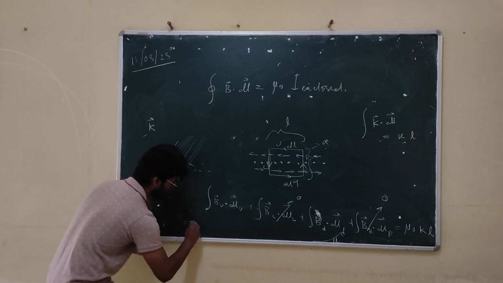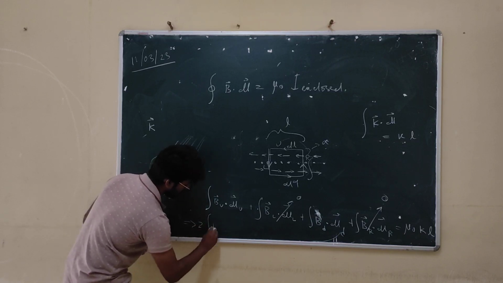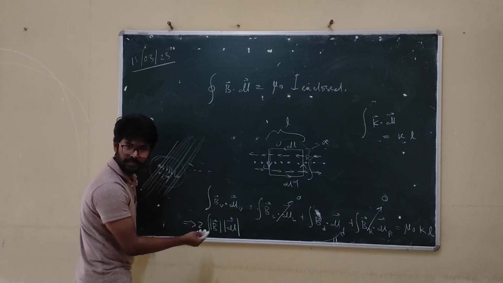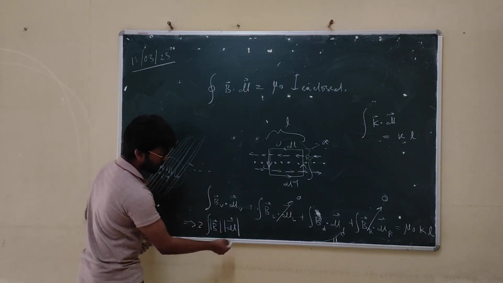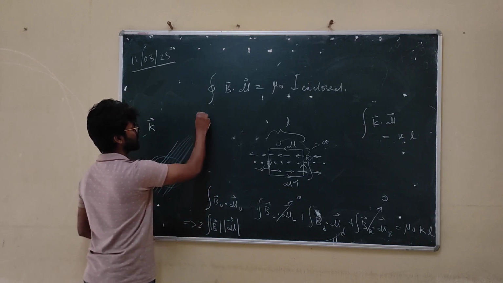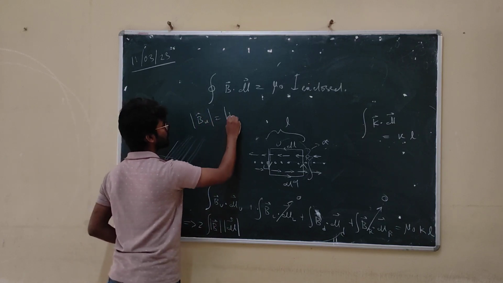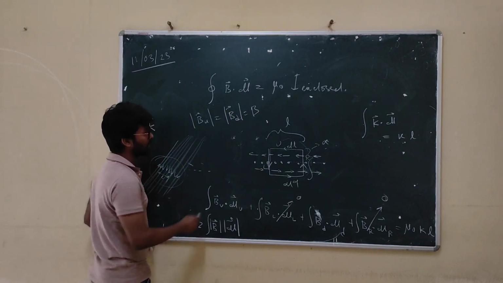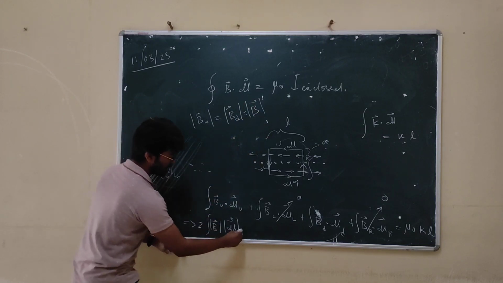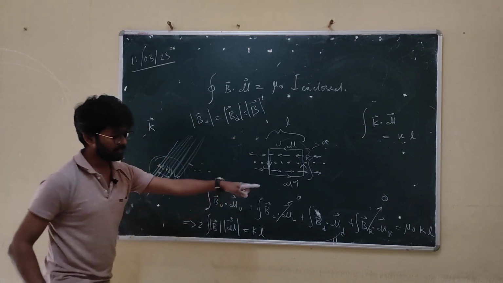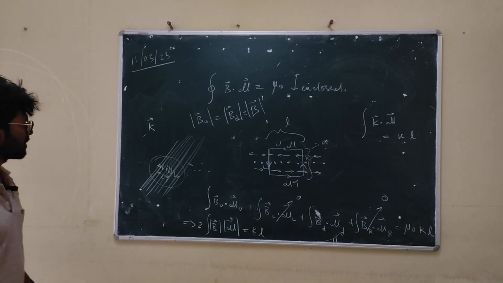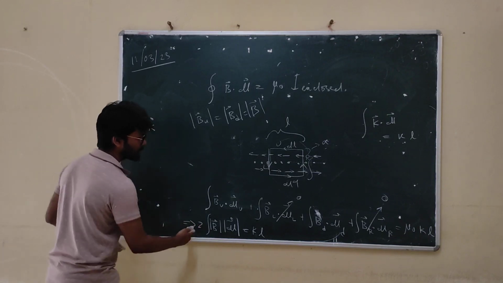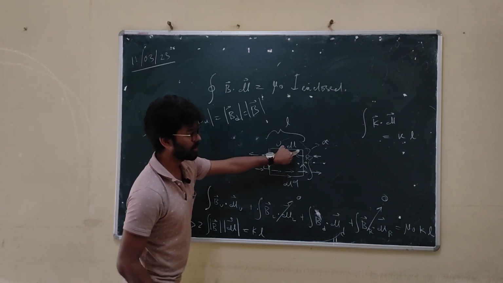So I can just write 2B dl, considering B up and B down the same thing. Let's call this B up magnitude equal to B down magnitude equal to just B. Then the integral of dl is what? Equal to mu naught K L. And so finally I can just take B outside the integral because it's constant everywhere.